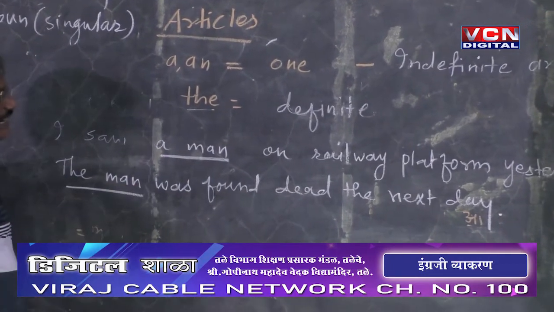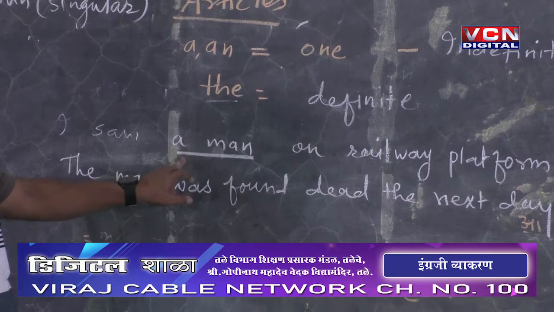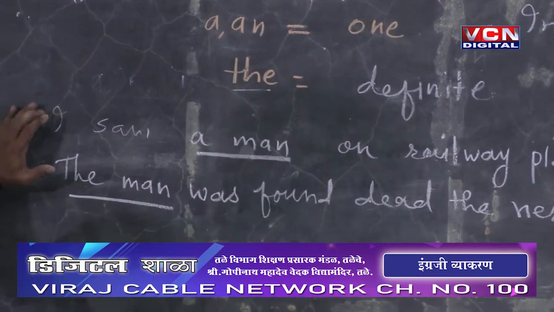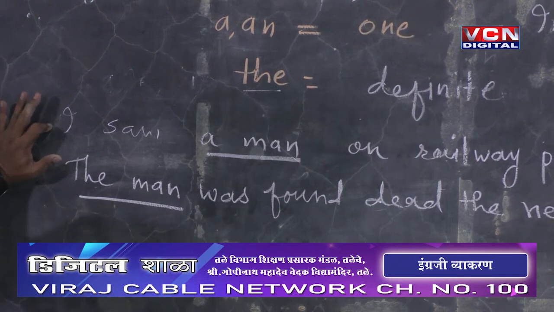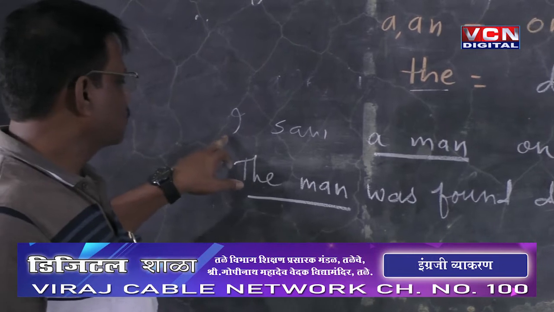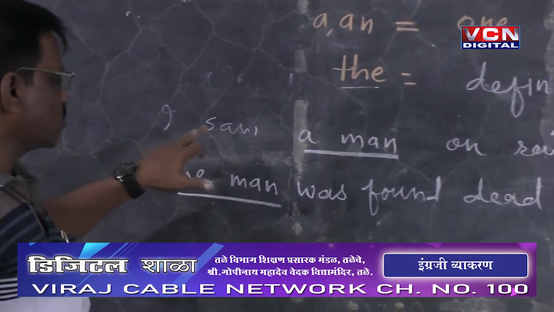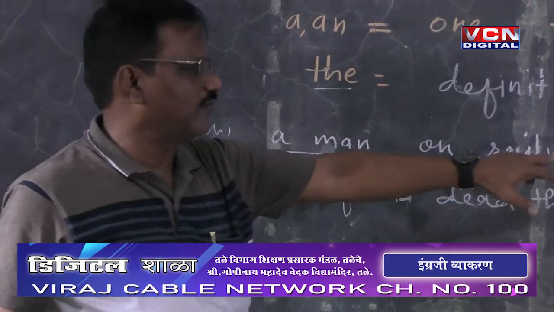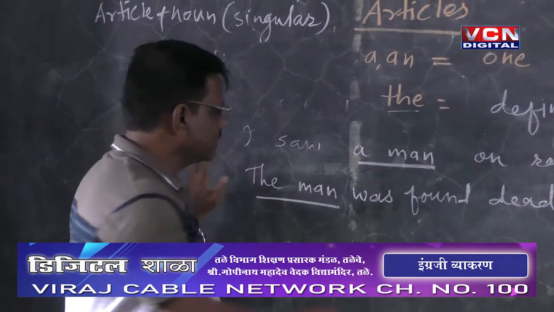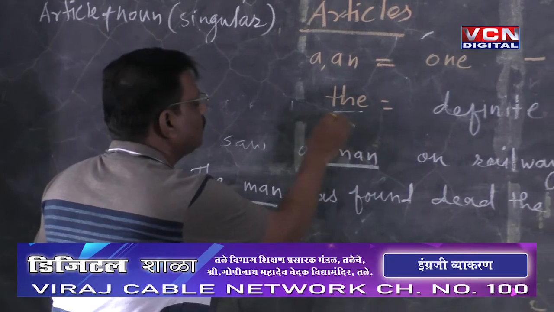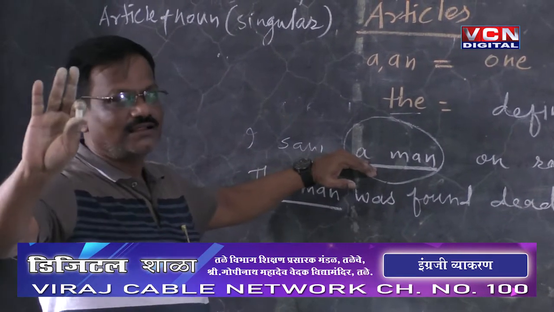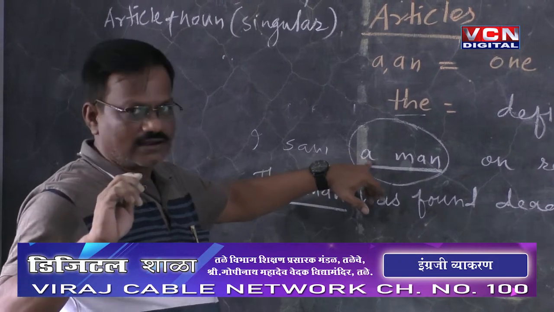Here, this is one sentence. In the beginning, we don't know who that man was. So the writer says, I saw a man on the railway platform yesterday. That's why we don't know the man. That's why we use the indefinite article here.